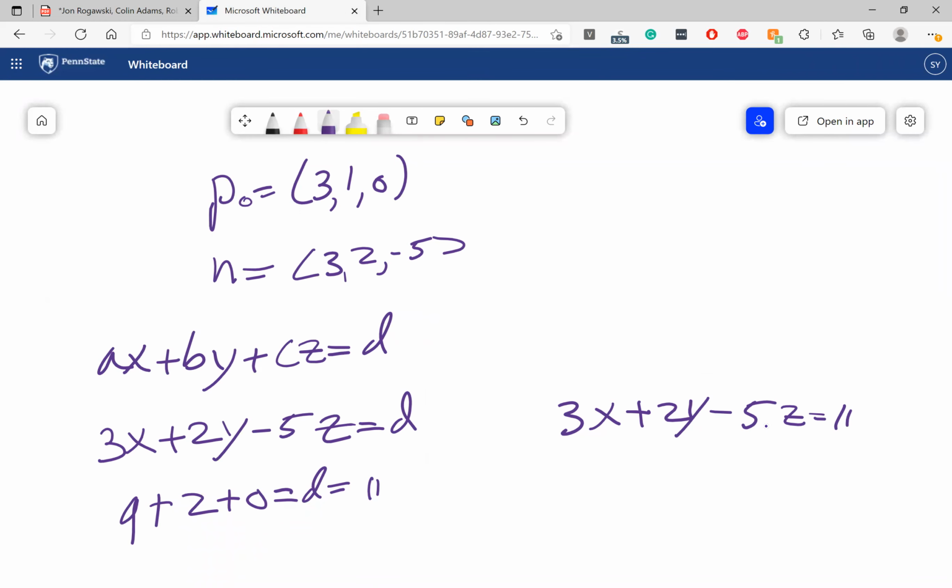So this A comes directly from here, that's 3. And then this B over here comes directly from this 2. You put it in front of the y. Any other questions?